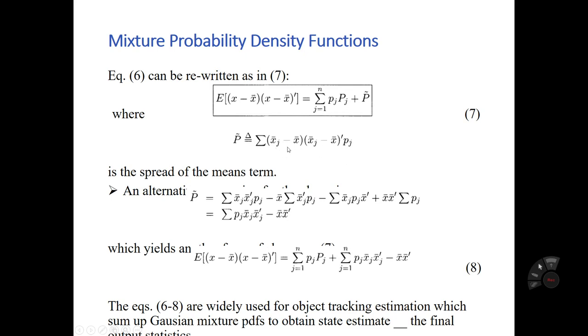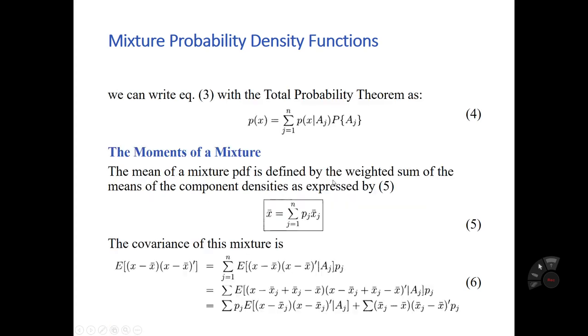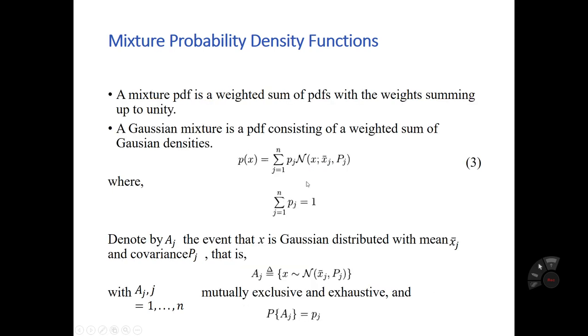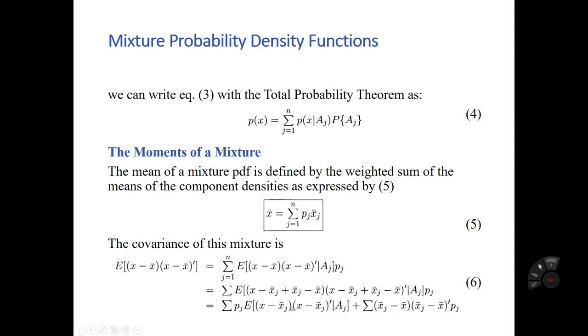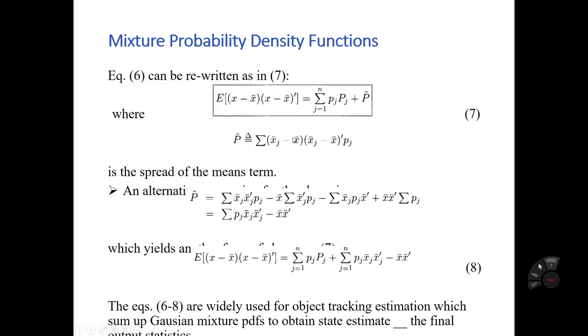Okay, we just replace this argument with the P. So equations 6 and 7 are the same, don't confuse them. We just replace this thing with the P. Okay, so an alternative method is like this.